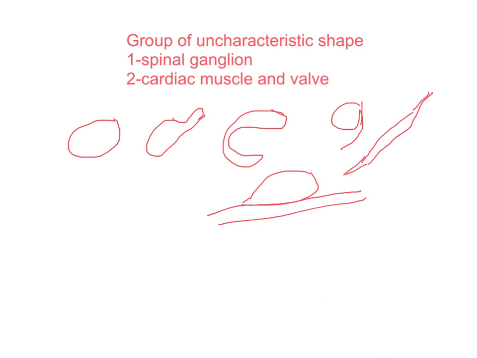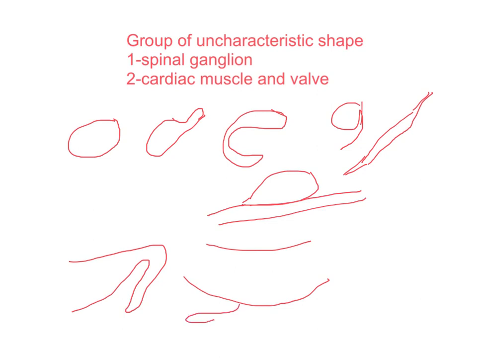The other slide, which is the cardiac muscle and valve, here it may have also this tail, the muscle and the tail, or this bulk of muscle, and underneath it we have this tail. Or it may have the picture like this: ventricular muscle, atrial muscle, and we have here this extension.